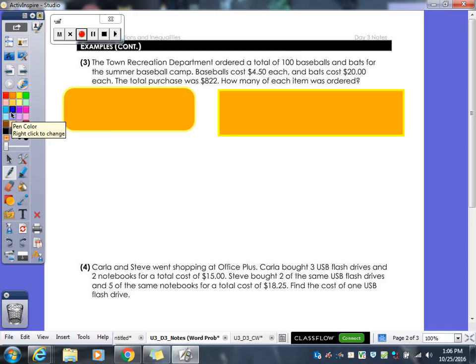Baseballs cost $4.50 each and bats cost $20 each. The total purchase was $822. How many of each was ordered? So now I'm going to make 2 little boxes again for our let statements. So I'm going to let X equal baseballs and Y equal bats.